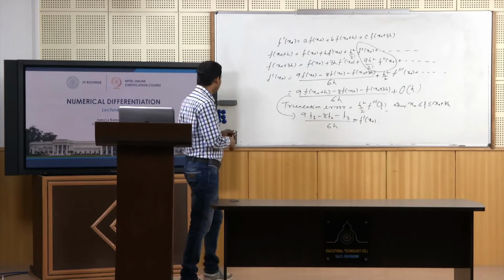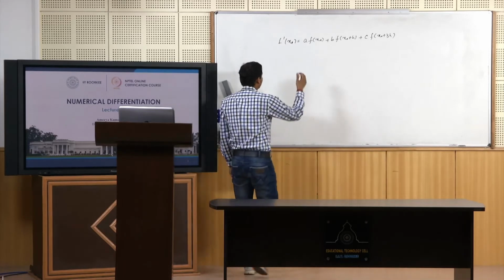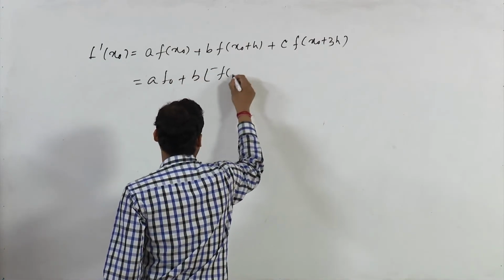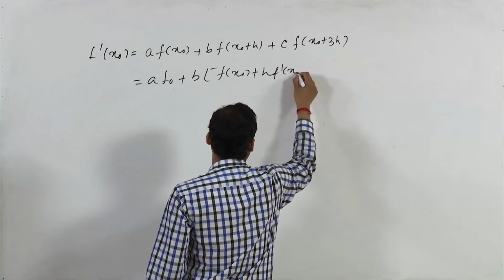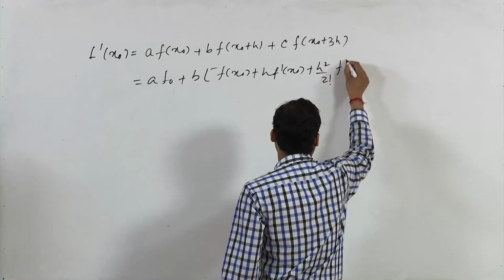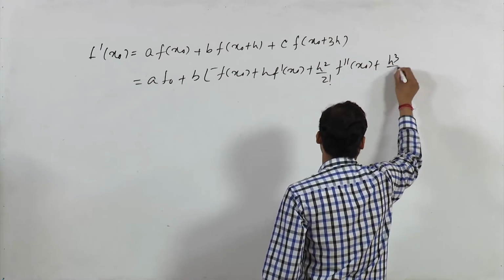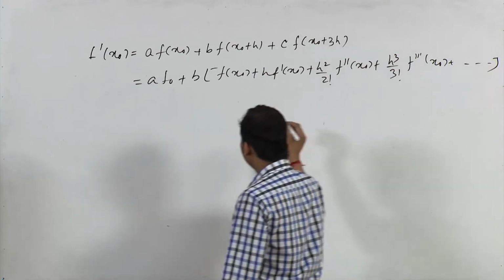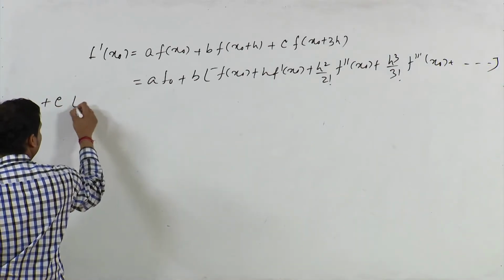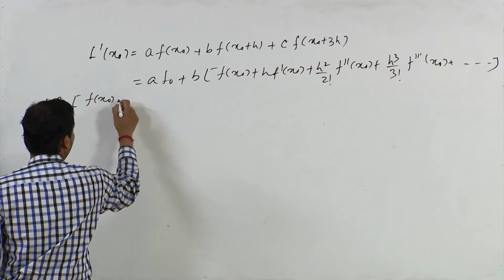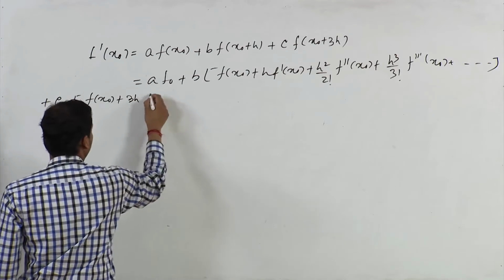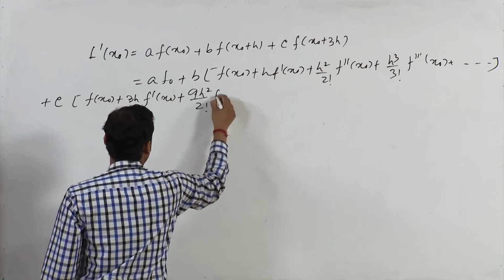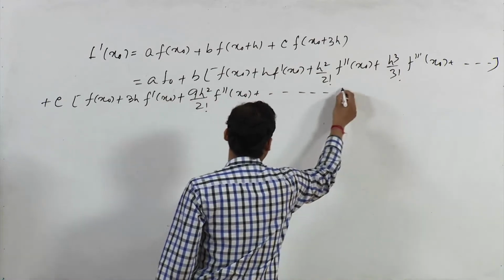So, for that, we rewrite the equation as f'(x0) = a f0 + b[f(x0) + h f'(x0) + h²/2! f''(x0) + h³/3! f'''(x0) + all other terms] + c[f(x0) + 3h f'(x0) + 9h²/2! f''(x0) + all other terms].